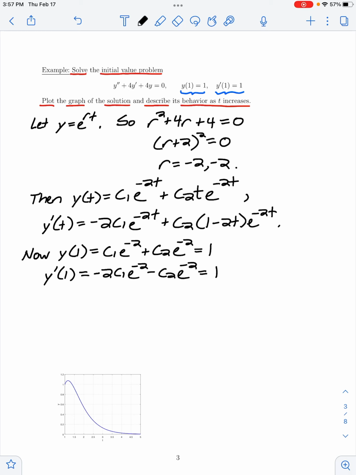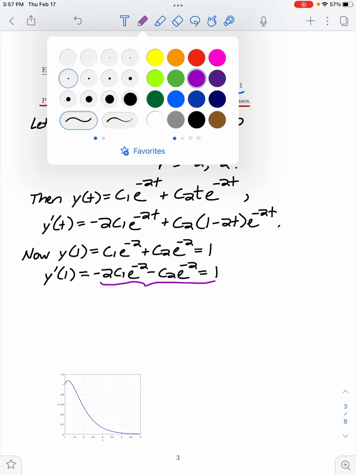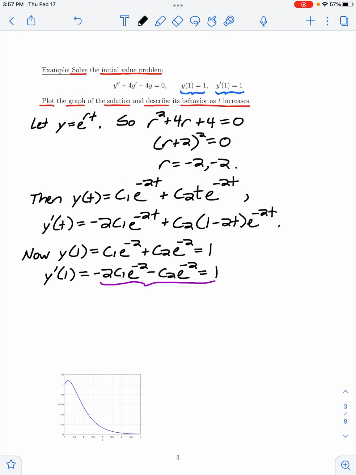So if I multiply both of these equations on both sides by e squared, my first equation would be c1 plus c2 equals e squared. And my second equation would be negative 2c1 minus c2 equals e squared.